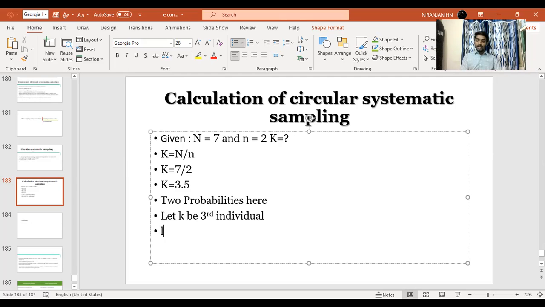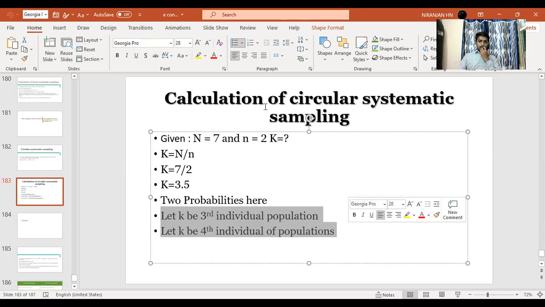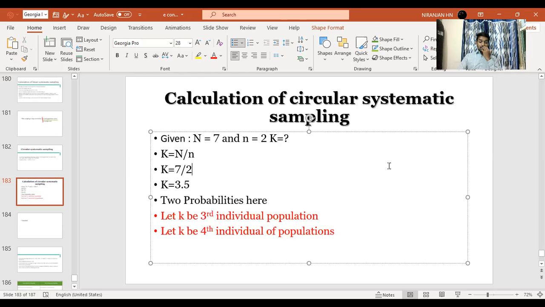Let k be the fourth individual of the population. So these are the two probabilities. This is how you have to define it when you have decimal points.